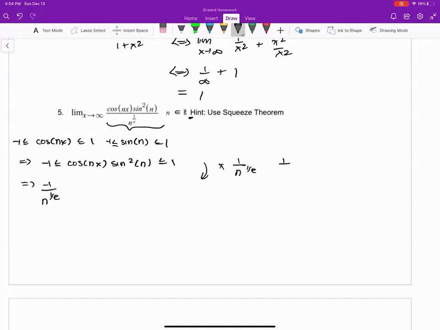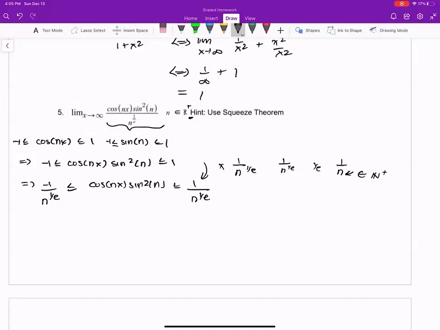Note that 1 over n to the 1 over e will always be positive. 1 over e is always positive, and since n is a natural number, it is also positive. So the inequality signs do not flip. Since you're multiplying everything by 1 over n to the power of 1 over e, you would get n sine squared n less than or equal to 1 over n to the power of 1 over e.